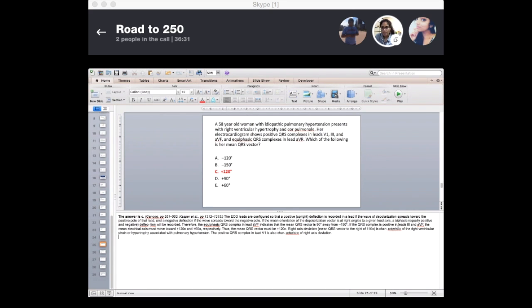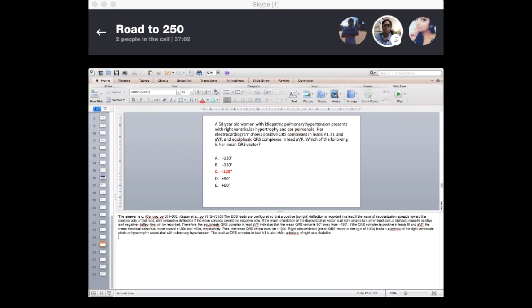If the QRS complex is positive in lead 3 and aVF, the mean electrical axis must move towards 120. Since it's positive in lead 3, it's 120. If it was positive in lead 2, it would be positive 60. And aVR would be like 150. Yeah, that makes sense.